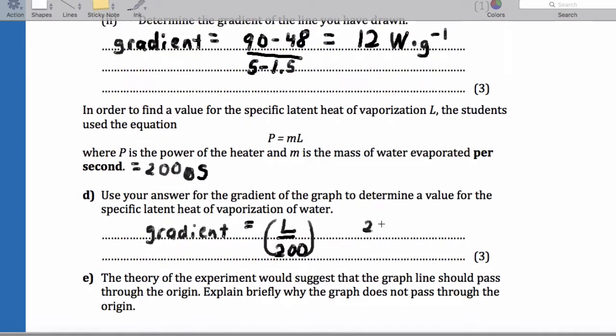So I need to take 200 times 12, and that's going to end up getting me 2,400 joules grams to the negative 1.